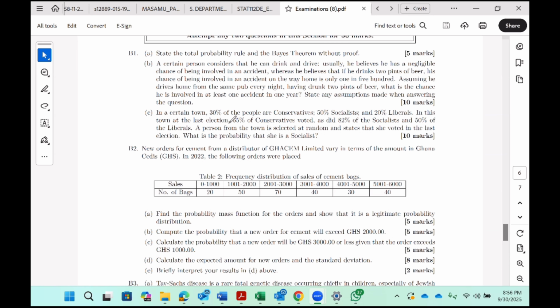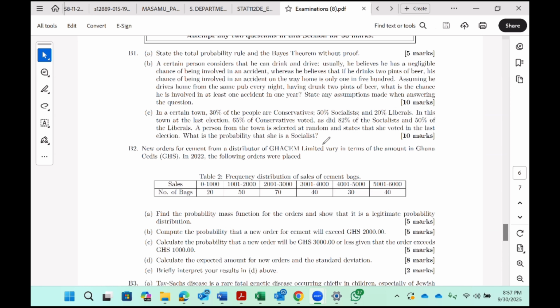In this town, at the last election, 65% of the conservatives voted, as did 85% of the socialists, and 50% of the liberals voted. A person from the town is selected at random and states that she voted in the last election. What is the probability that she is a socialist?